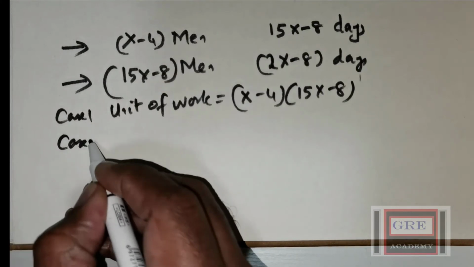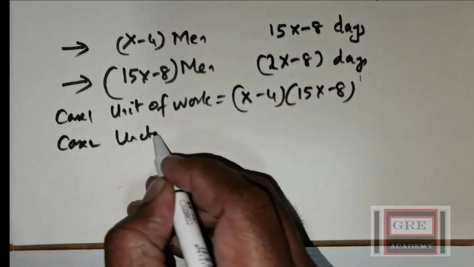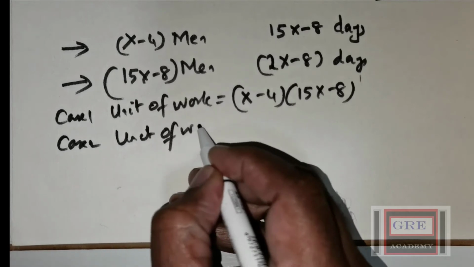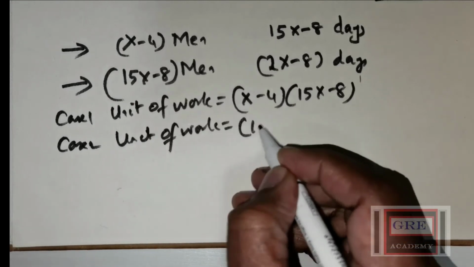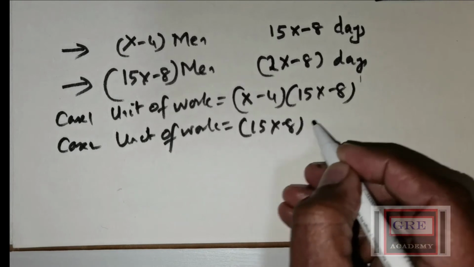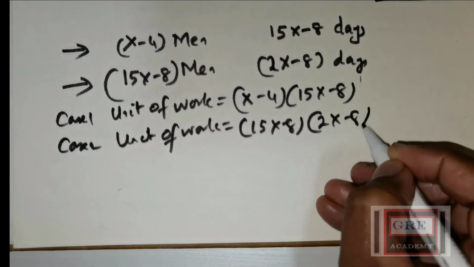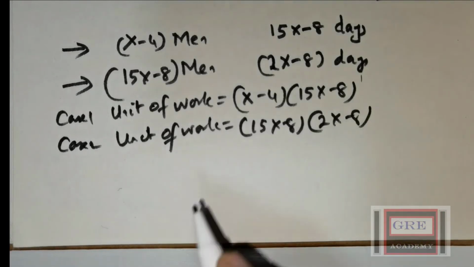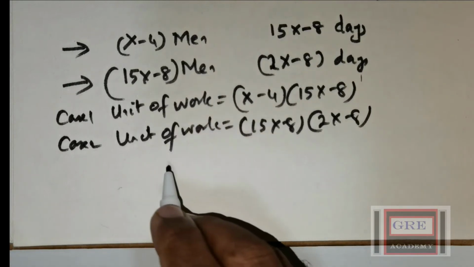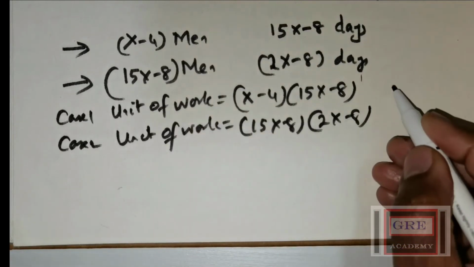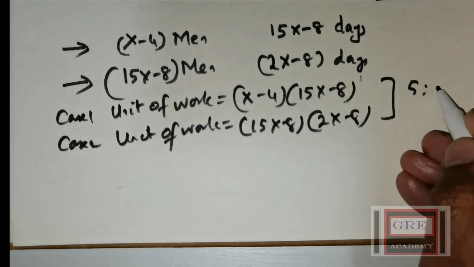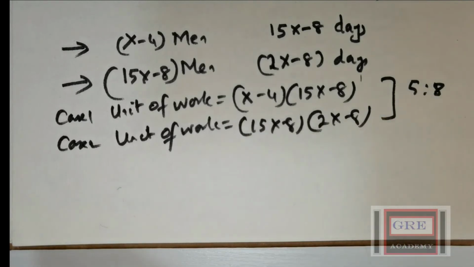So for case 2, the unit of work will be equal to 15x negative 8 multiplied with 2x negative 8. So this is the unit of work. Now these two units are connected by a ratio 5:8. Okay, this is the connection between these two units of work.